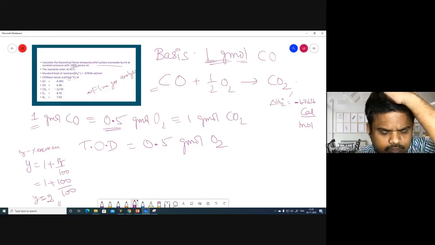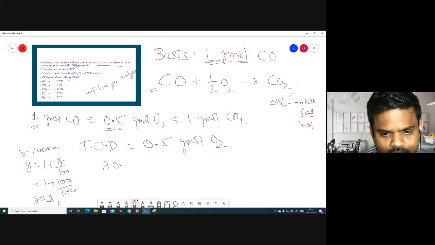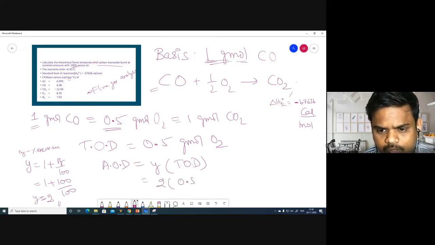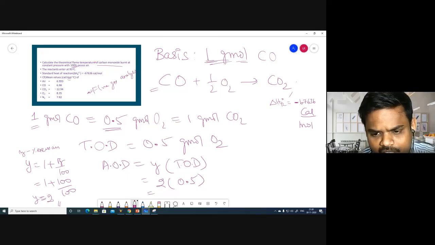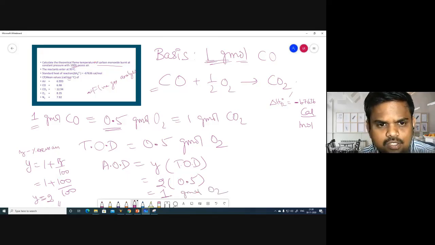Okay, so that is the multiplying factor. What is the actual oxygen demand then? Actual oxygen demand is y into the theoretical oxygen demand, so that is 2 into 0.5. We have 100% excess, which means instead of 0.5, we are sending in 2 times 0.5, that is 1 gram mole of oxygen supplied.